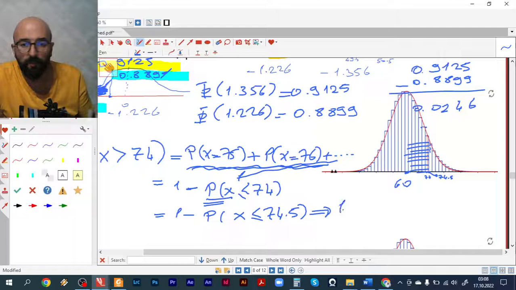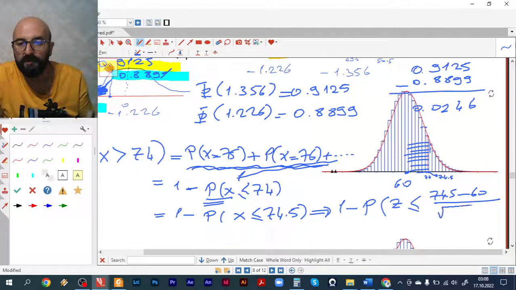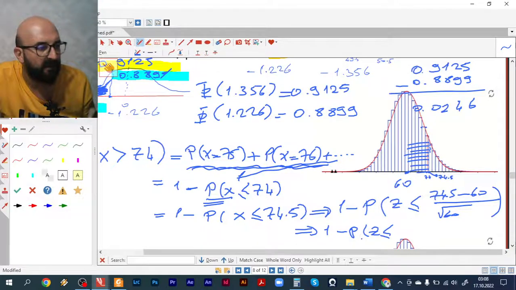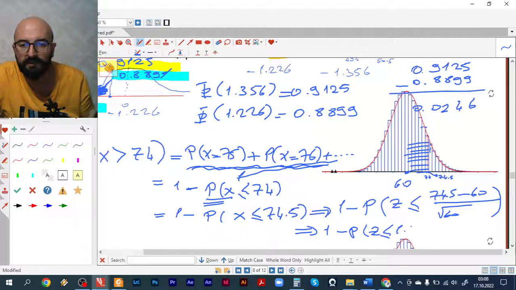So 1 minus the probability of z less than or equal to (74.5 minus lambda) over the square root of lambda, and it means 1 minus the probability of z less than or equal to 1.872.